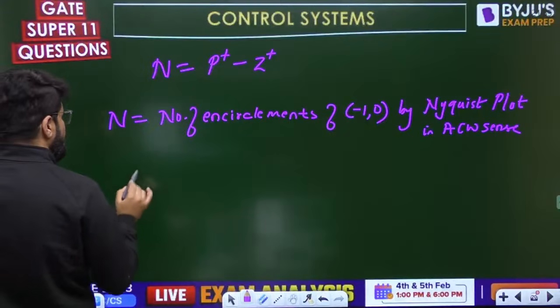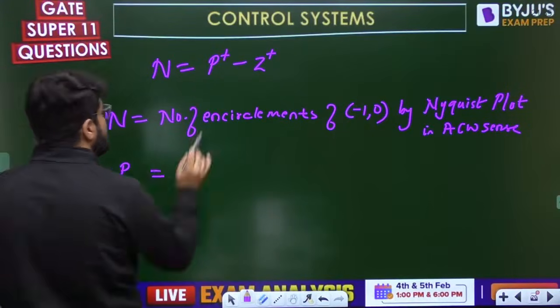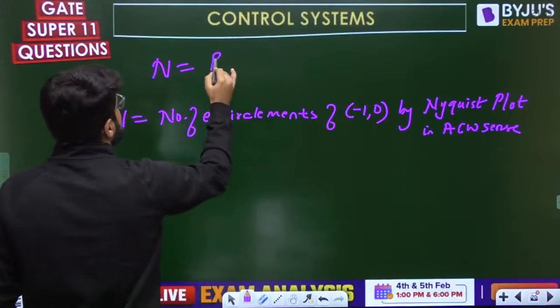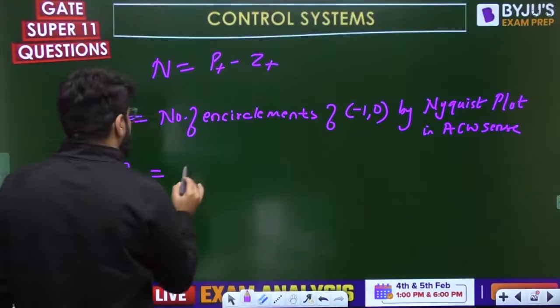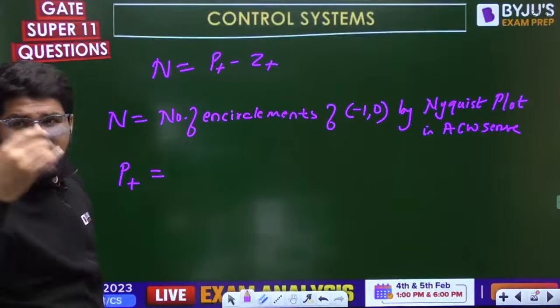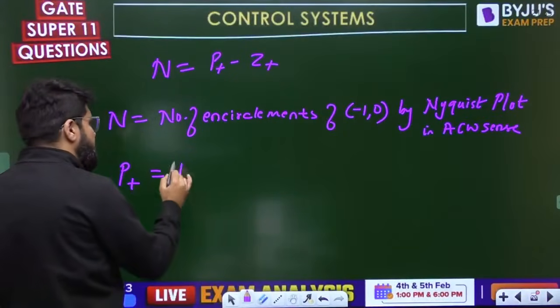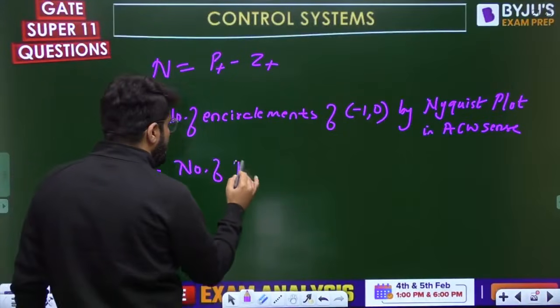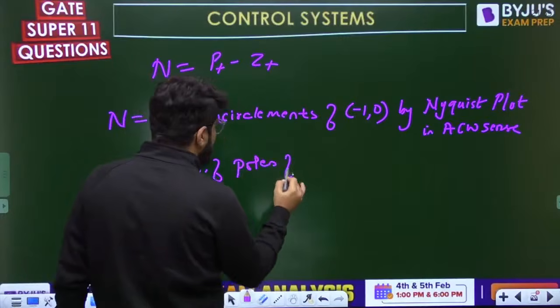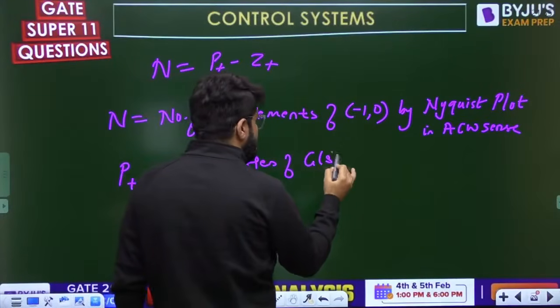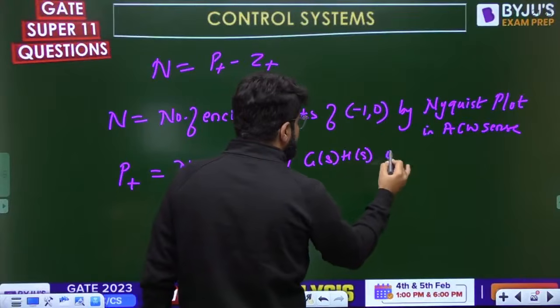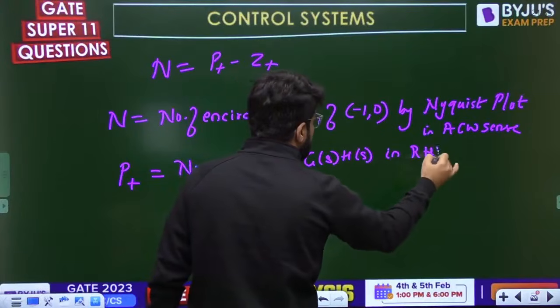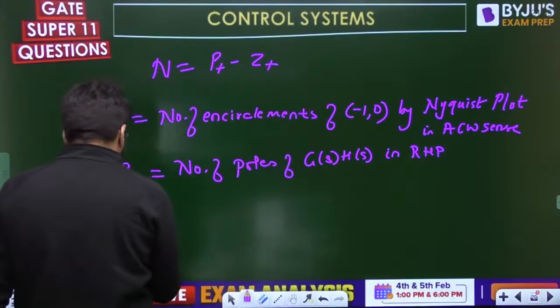Now, what is the P plus? P plus we just use to signify the right hand side for clarity. The P plus is the number of poles of the open loop transfer function, that is G(s)H(s), in the RHP. What is the Z plus?